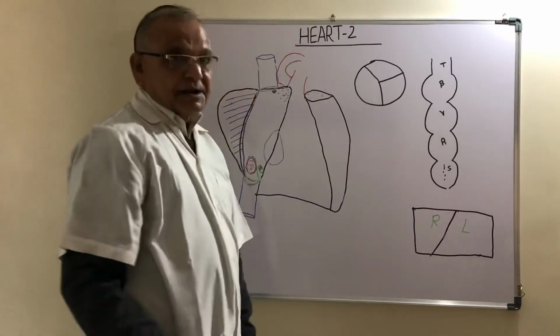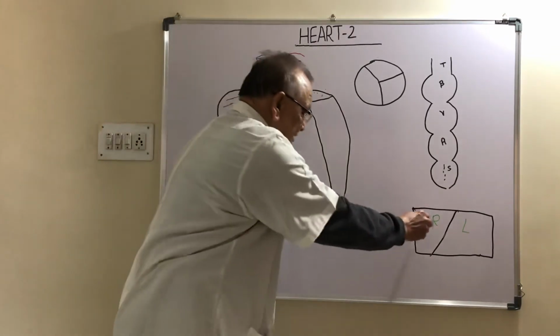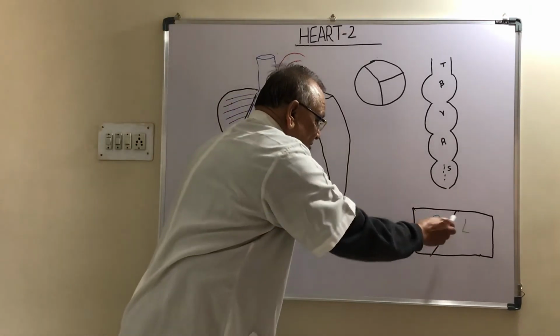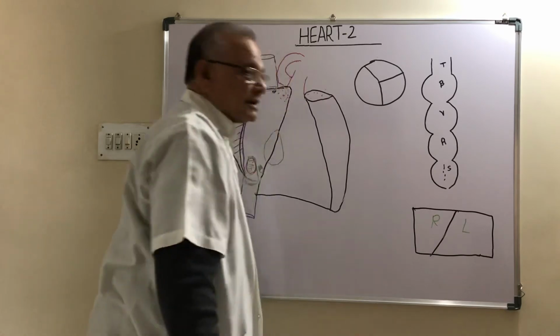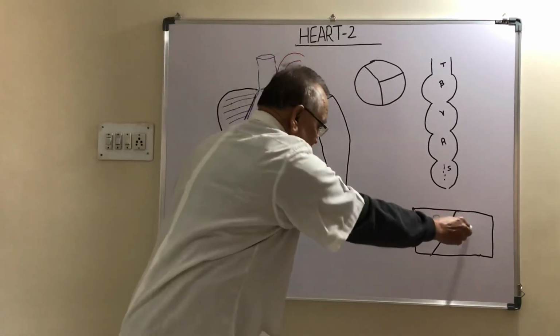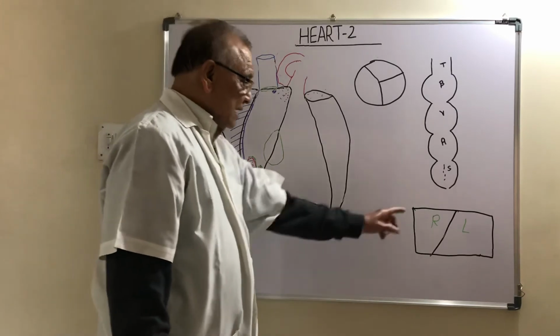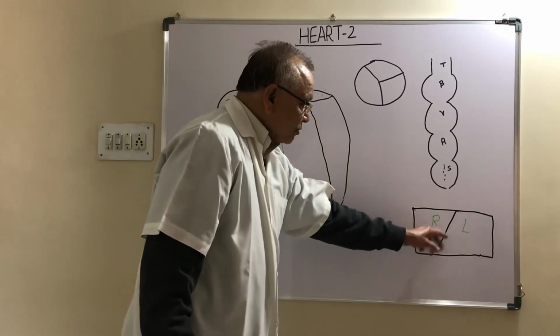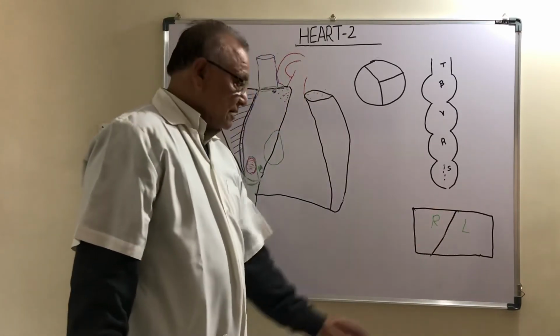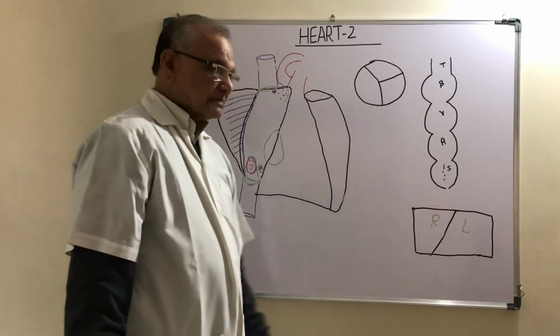The left atrium is not exactly situated on the left side of the right atrium, but is also situated behind it. So the left atrium is situated behind the right atrium, and also to the left of it.